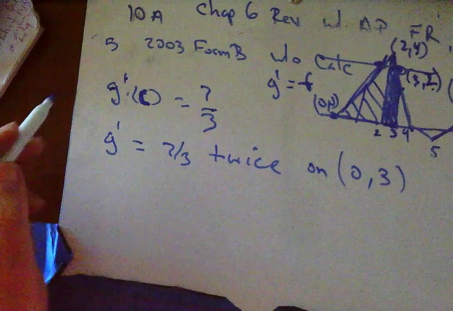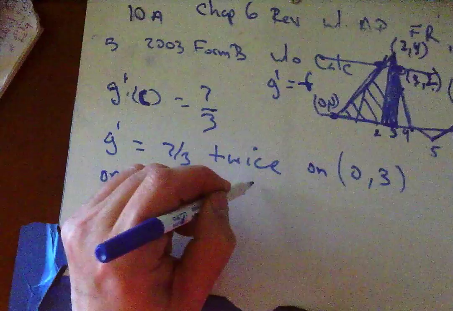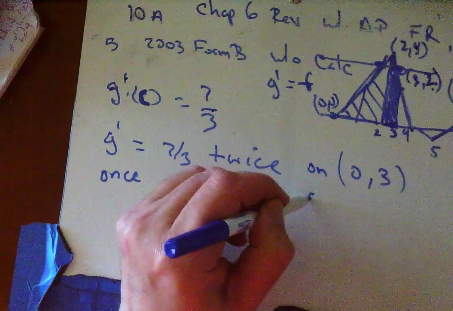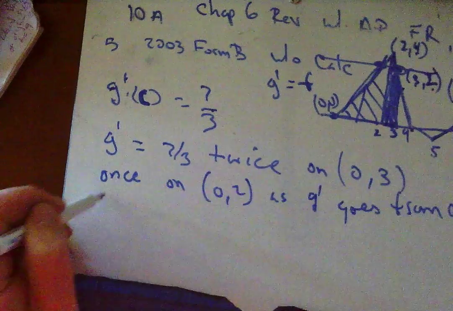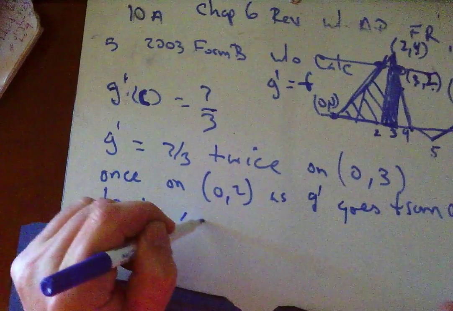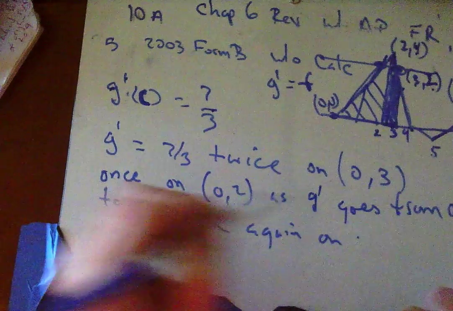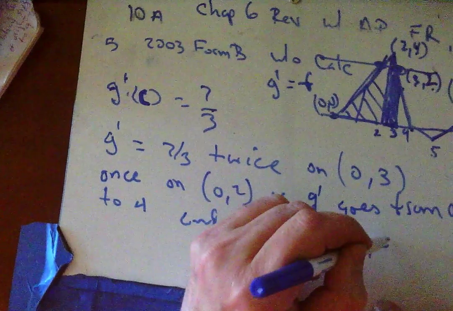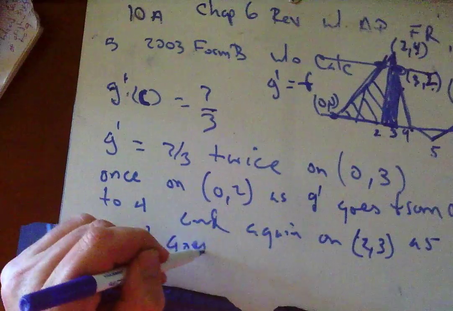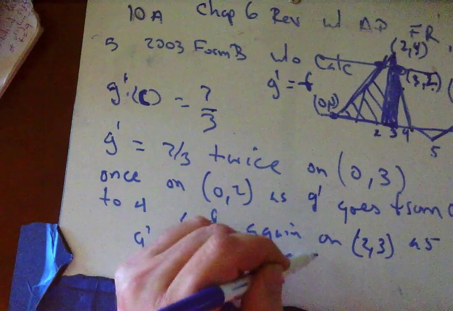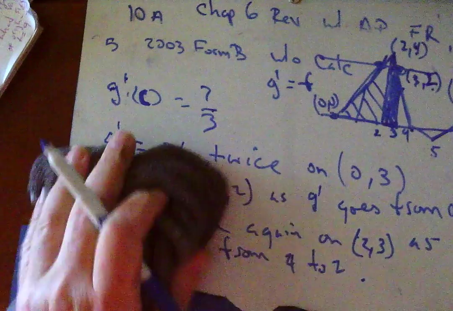So I think I'm just going to say twice on 0 to 3, once on 0 to 2, as G prime goes from 0 to 4, and again on 2 to 3, as G prime goes from 4 to 2. Okay. Yeah, that's how I'm handling that this morning.